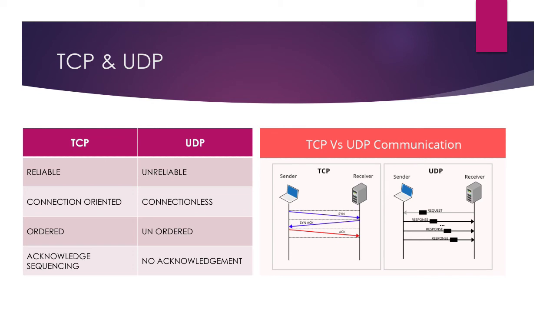TCP, as said, is a Transmission Control Protocol. It is a reliable protocol which is connection oriented, it is ordered, and it has an acknowledging sequence. On the other hand, UDP is unreliable, it is connectionless, it is unordered, and there is no acknowledgement.